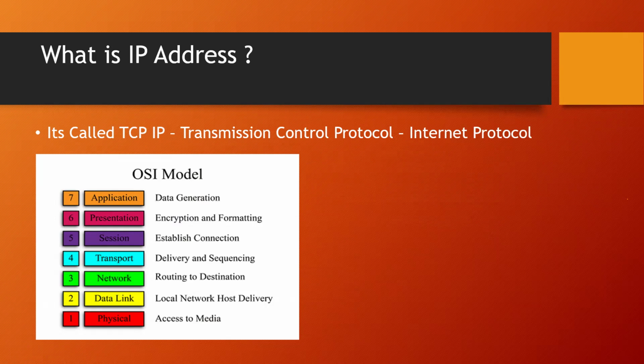We are connecting all computers in a network. How can we connect all the systems? From here, a new concept came, called packet switching. Using packet switching, we connect our computers with each other.